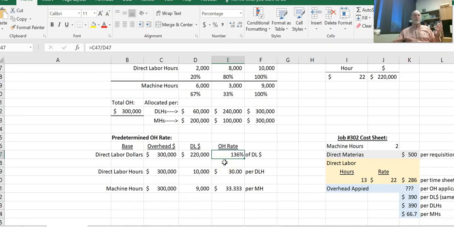So that means that if you assigned, say, $10 of labor to a product, you'd assign $13.60 of overhead.